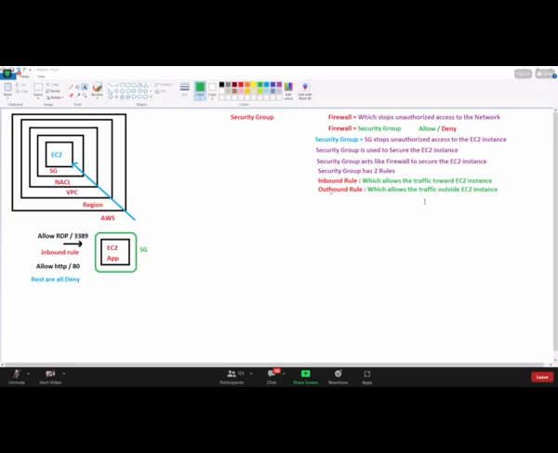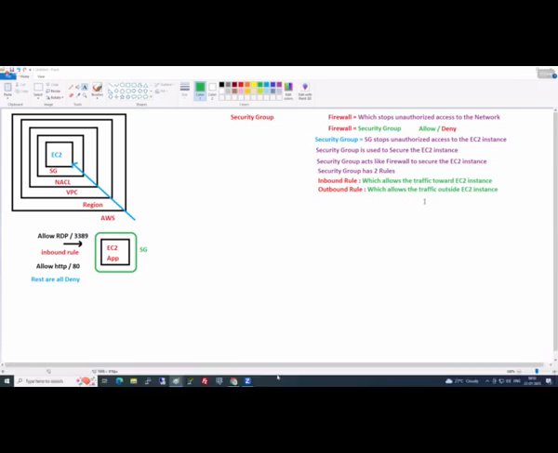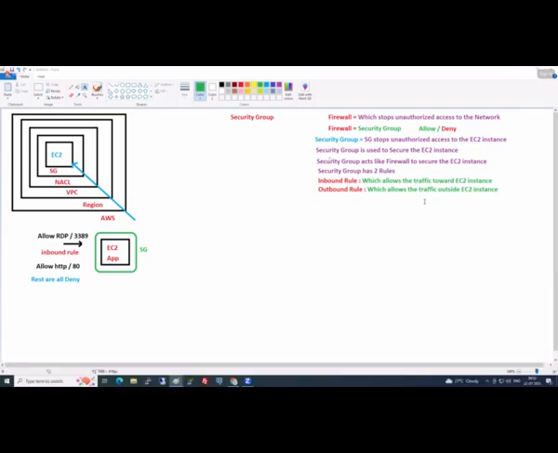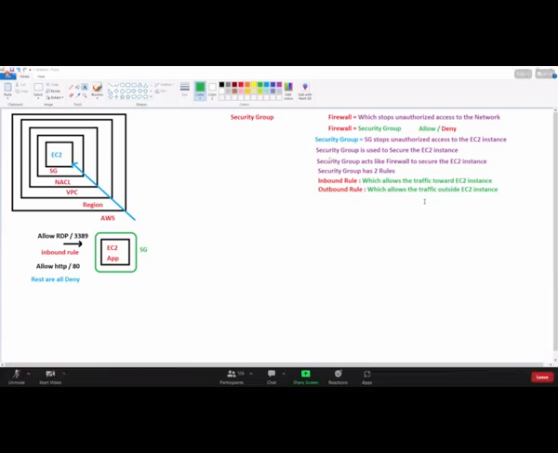So by default, inbound rules are allowed or denied? By default, inbound rules are denied. Outbound rules are allowed. So whenever you create a brand new security group, inbound rules are completely denied. Whichever is required for you, you can go and allow it. Whatever you have allowed, that will be allowed.